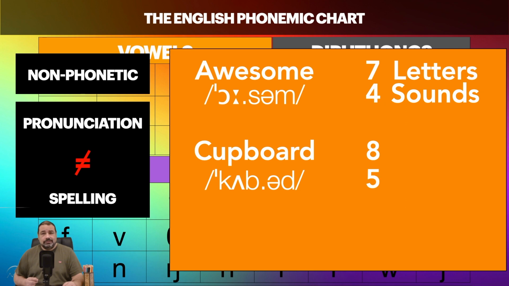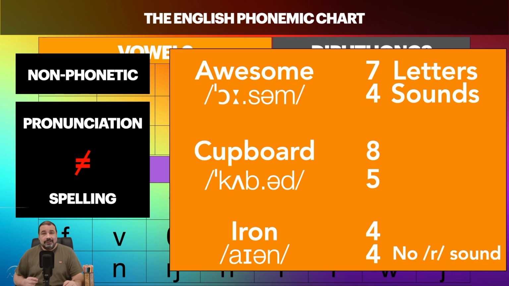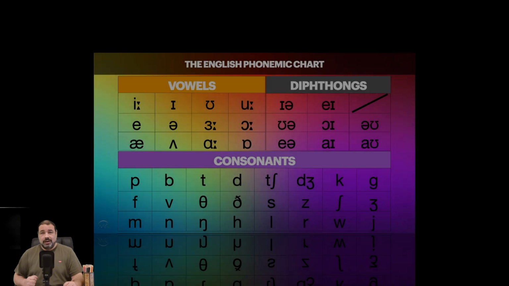And the word iron, which has 4 letters when written and 4 sounds when produced. However, there is not an r sound in the pronunciation of the word iron. So, to standardize pronunciation and avoid mistakes, we have the English Phonemic Chart.